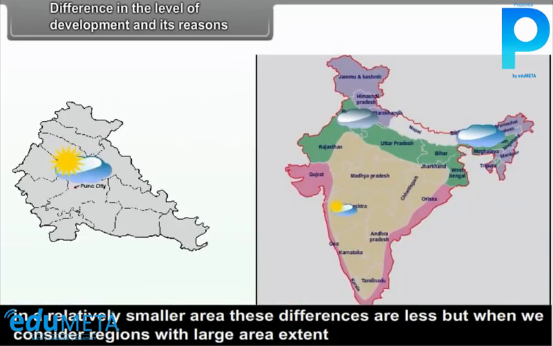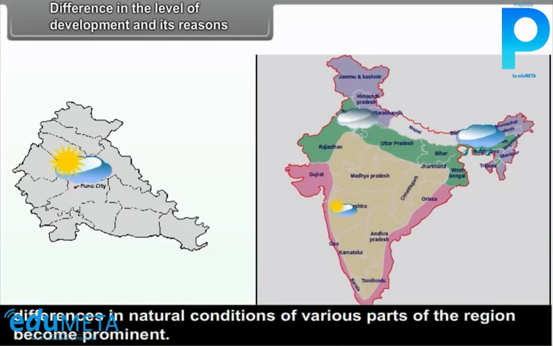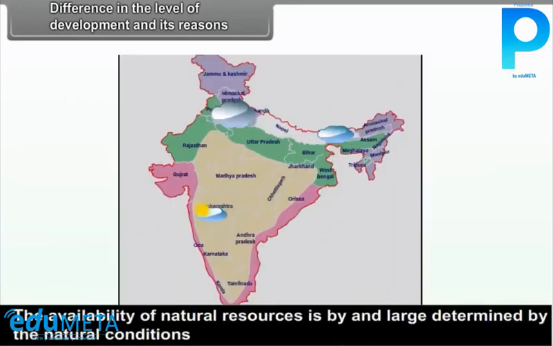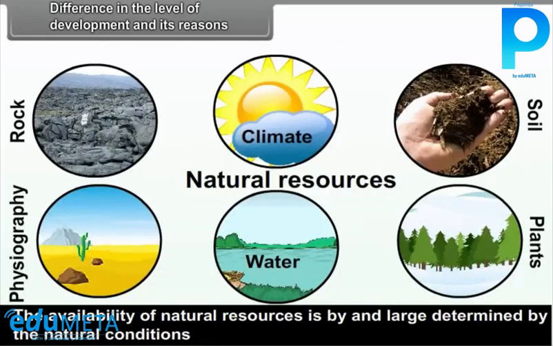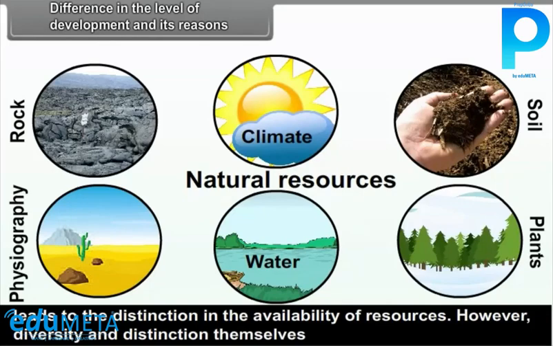But when we consider regions with large area extent, differences in natural conditions of various parts of the region become prominent. The availability of natural resources is by and large determined by the natural conditions. This leads to the distinction in the availability of resources.